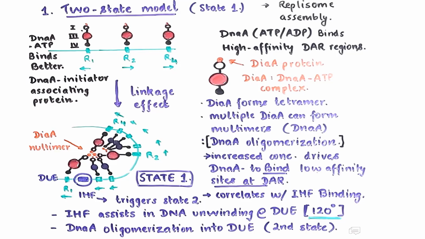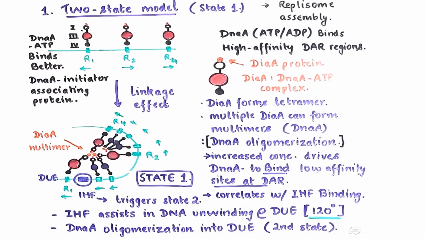So the first step is the binding of DNA A at the high affinity region of the DAR. Then DNA A protein actually comes with a helper protein, which is called DIA.